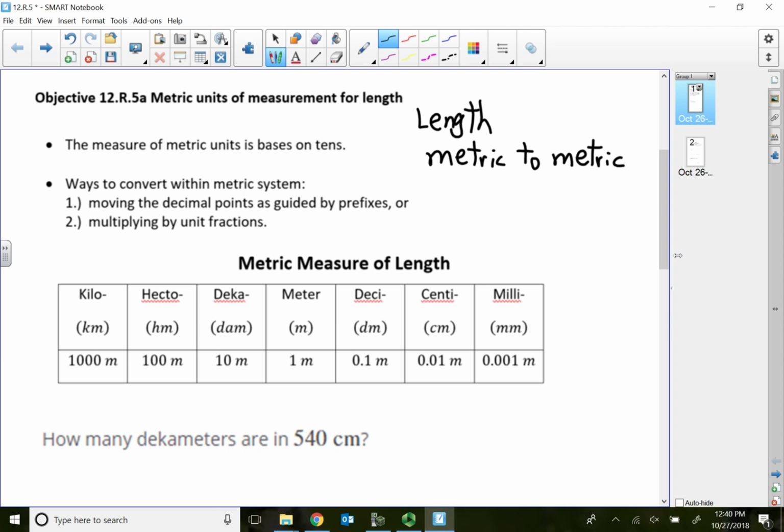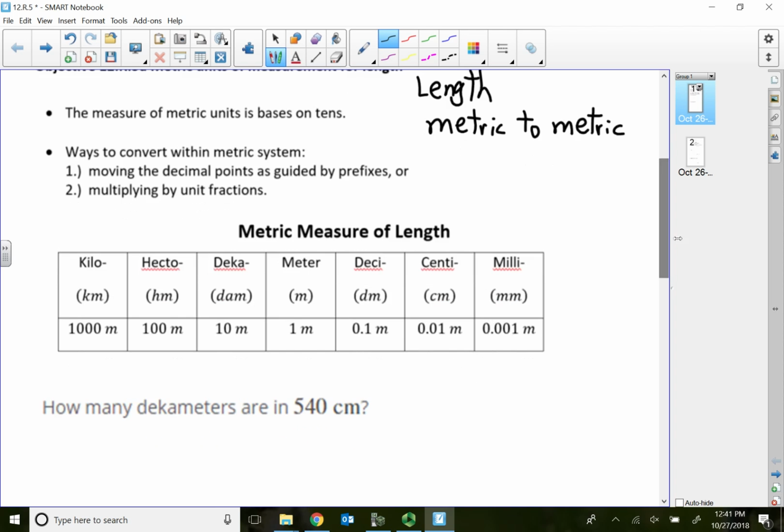All right. So there are two different ways we can convert within the metric system. One of them is by moving a decimal point as guided by the prefix, or multiplying by the unit fractions. I prefer not to do too much unit fractions when it comes to converting simply metric to metric.